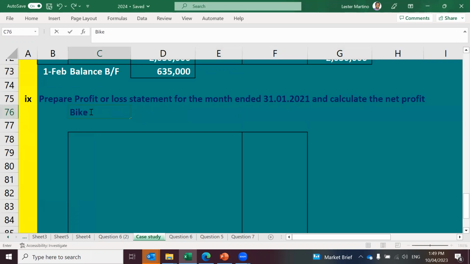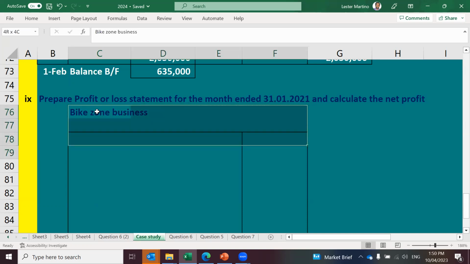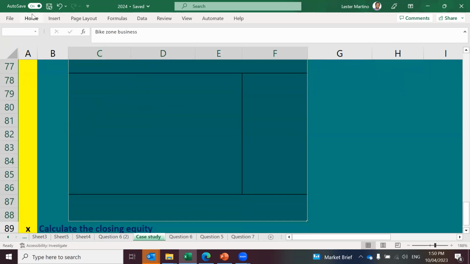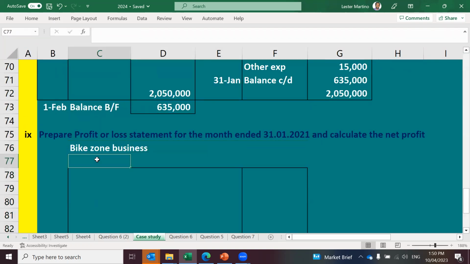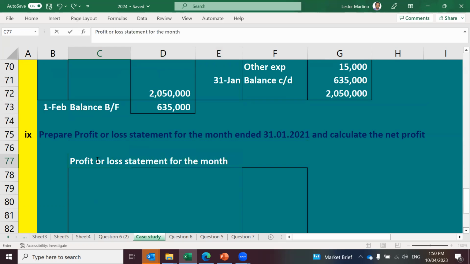Okay, shall we prepare the income statement or profit or loss statement? Bike's own business. Profit or loss statement for the month ended 31st, sorry, 31st Jan 2022.